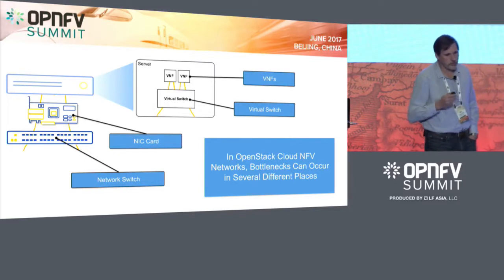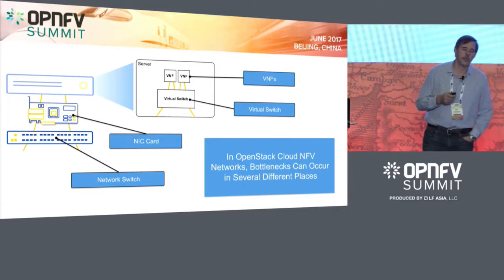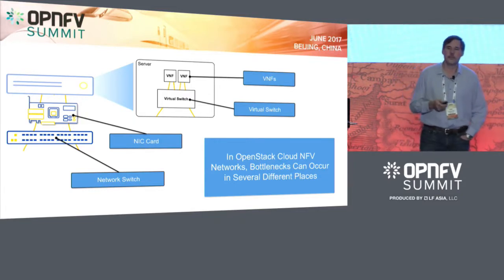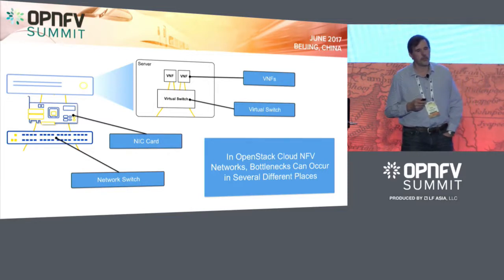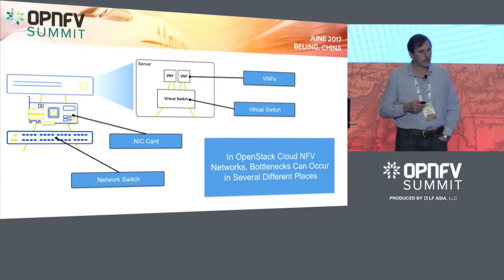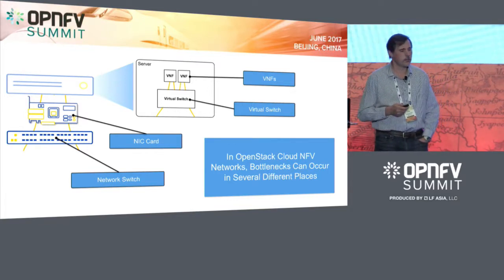So let's talk about where these bottlenecks could occur. There are various points in the NFV data center that are of interest. Certainly things like the network switch is one point. The network interface card that's in the compute node connecting the server to the network switch is another point.